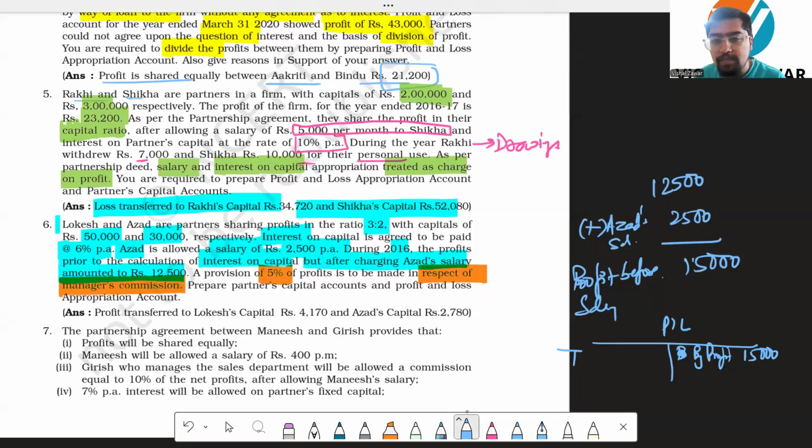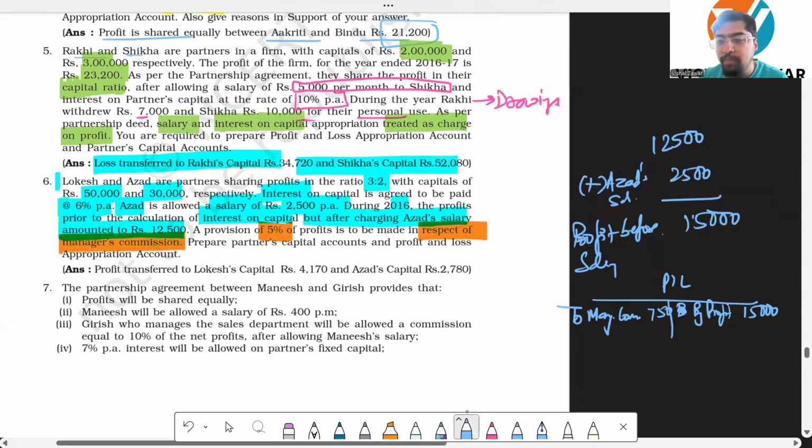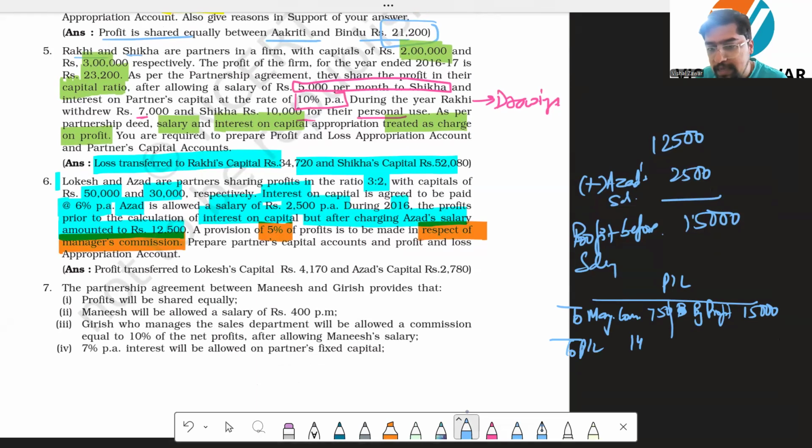And I will have to charge manager's commission, which is going to be 5%. 5% of 15,000 is going to be 750. So the profit which should be transferred to appropriation should be 14,250. Okay.